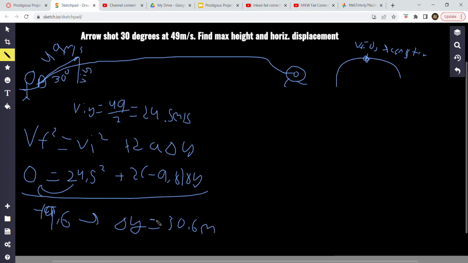And because this is delta, we're going to add a positive sign because it's in the upwards direction. It's asking what's this distance, and the arrow traveled from this level all the way up to there, so it's a positive vector. It has a positive magnitude.